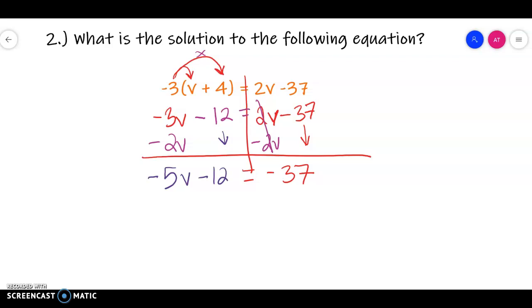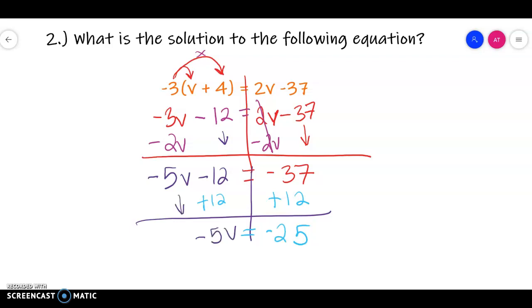And I didn't do anything to that 12, so I'm going to bring it straight down. So now, get rid of that 12. The opposite of a -12 is a +12. So we're going to add 12 to both sides. What is -37 plus 12? It is -25.